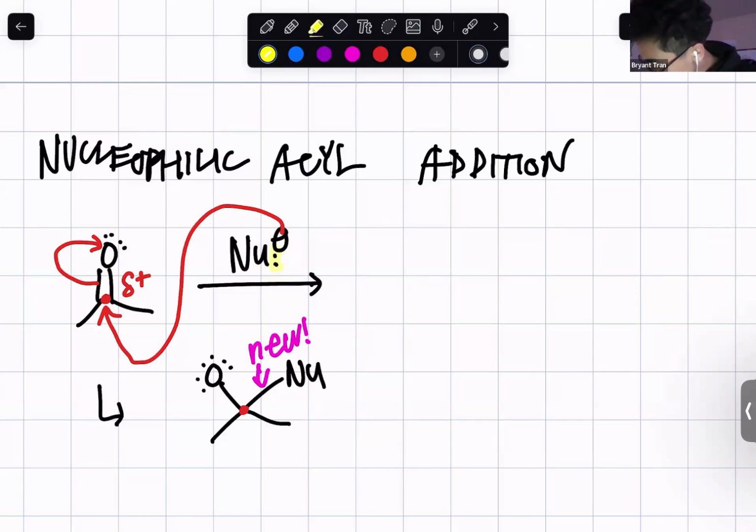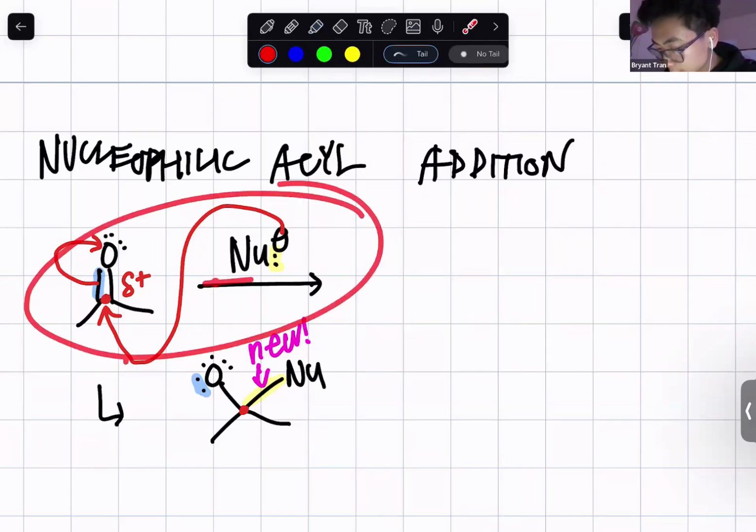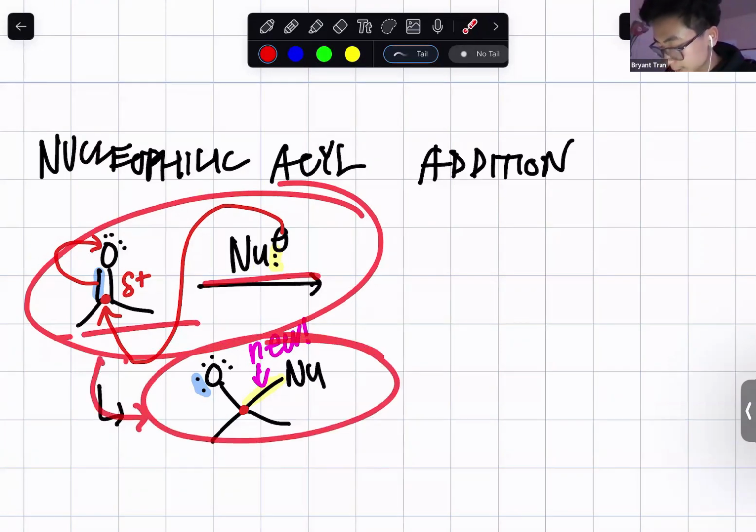This yellow pair of electrons is that bond right there with 2 electrons. And if I highlight this bond here in blue, that bond's 2 electrons are these, let's say, 2 electrons there as an extra pair of electrons. So that's how we converted this interaction between this nucleophile and carbonyl electrophile into this intermediate here.